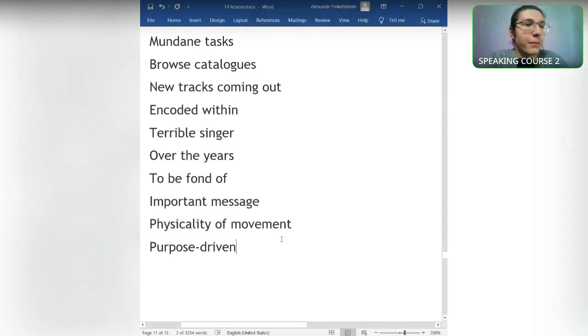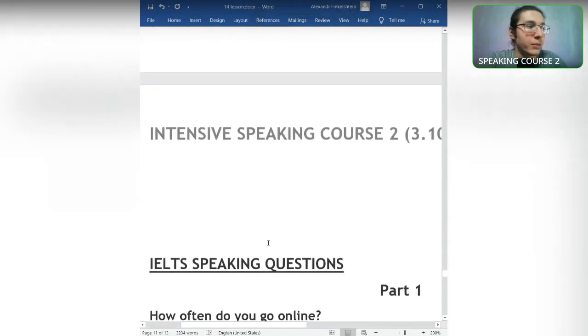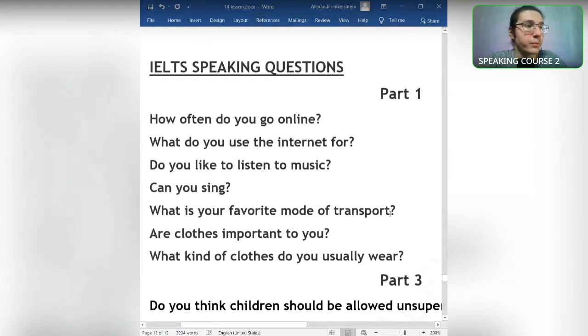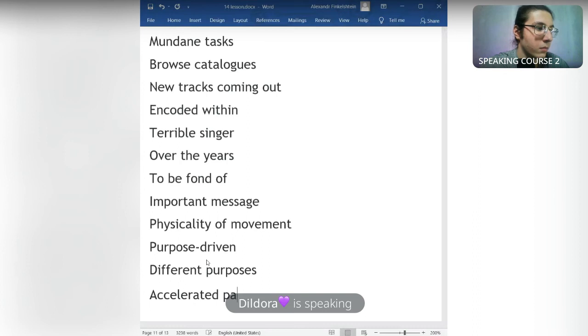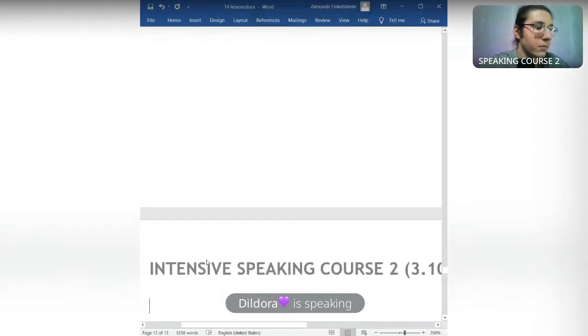Great vocab. Person responsible for this question, please tell me what vocabulary you also heard me use. Different purpose. Okay. Biggest passion. Accelerating pace, and physicality of movement.